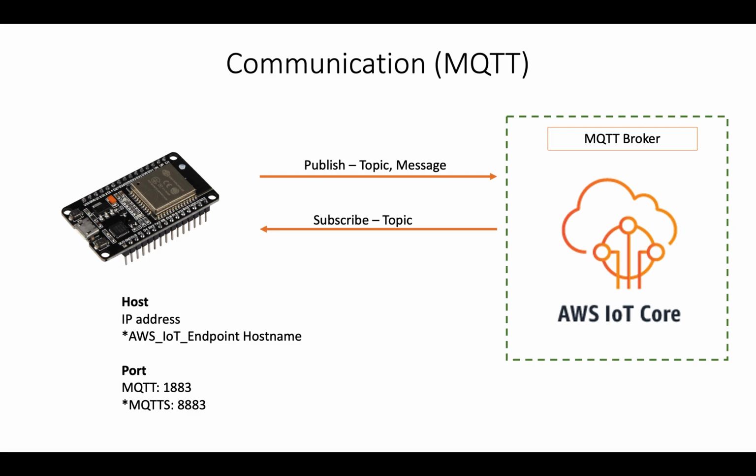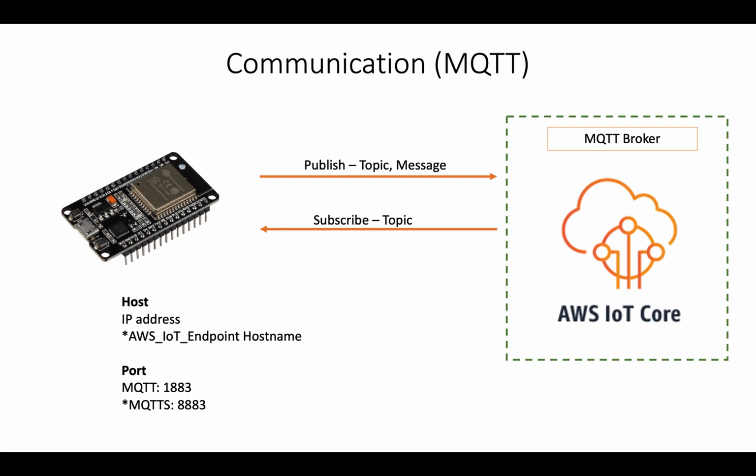In order to do this, we need the IP address of the AWS IoT Core. This is what we typically need in a communication, but instead of giving us an IP address, AWS gives us an IoT endpoint hostname, which is a long alphanumeric hostname that we will use.